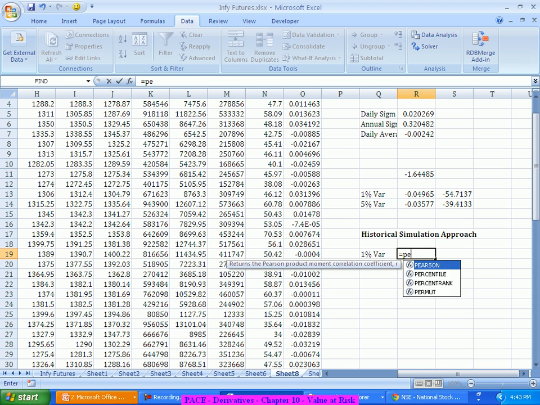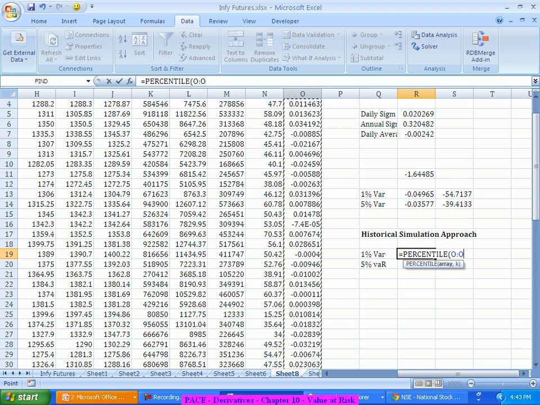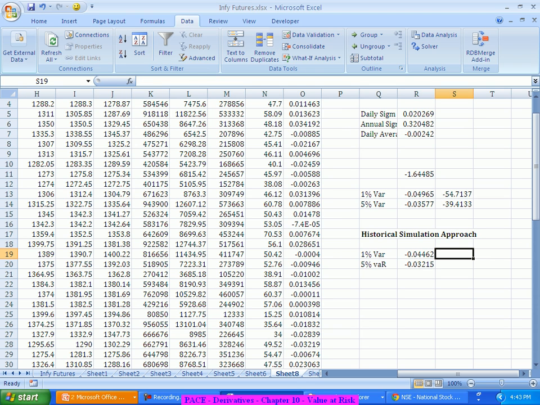Or if I want the 1 percentile value within this data, take 1%, which will give me this number. So now you see these two methods have given more or less the same result. My 1% value is this much.